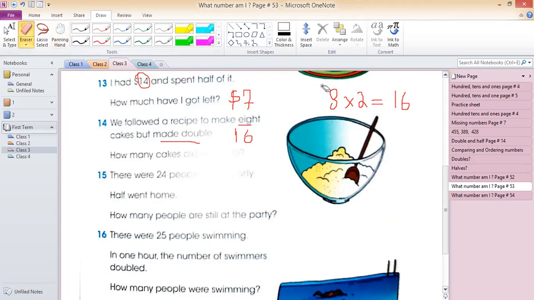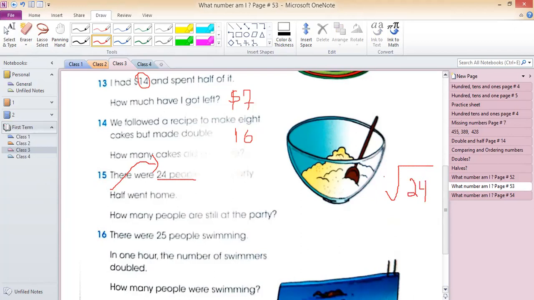Then we completed question number 15, and some students were confused in that question. Question number 15: there were 24 people at the party, and half went home. How many people are still at the party? To know that, find half of 24. Whenever you need to find half, you divide that number by 2.